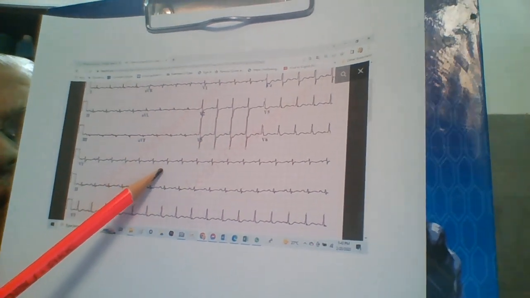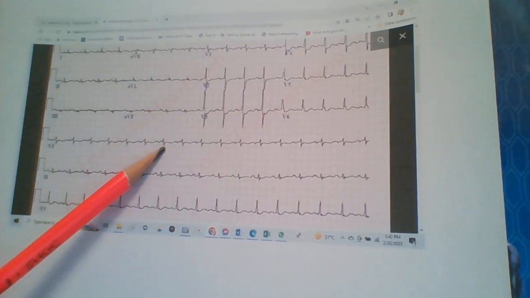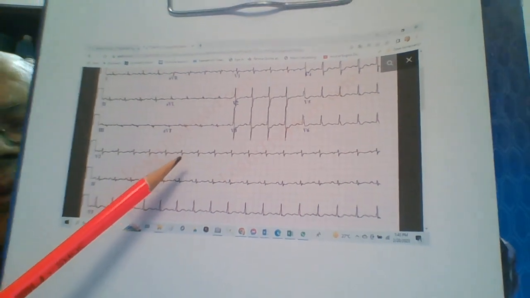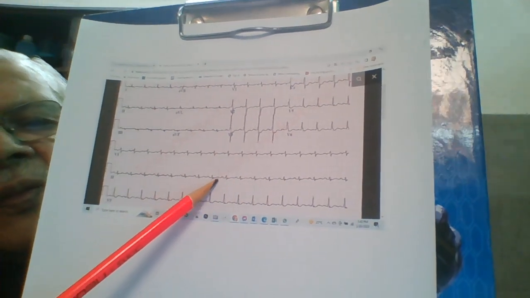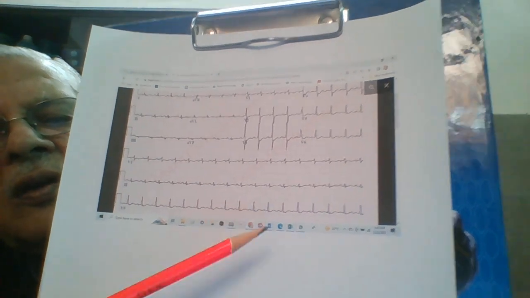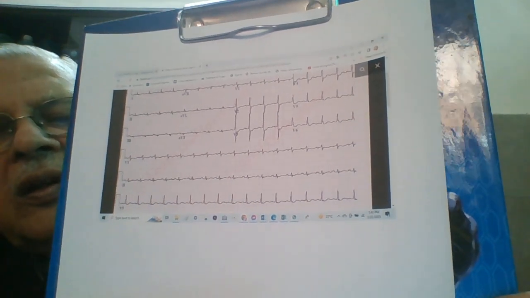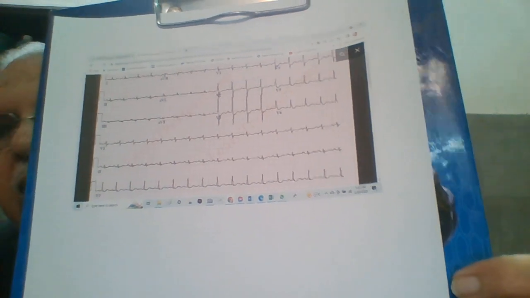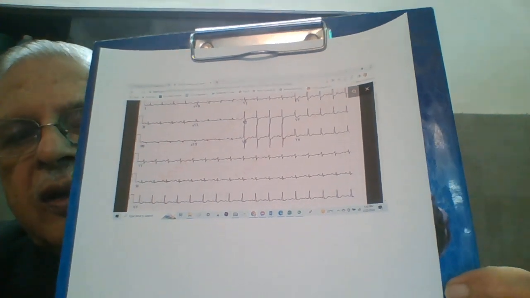Like this patient, there are Q waves, and these types of changes in resting ECG occur only in 40% of patients. The rest will pass off as normal persons.